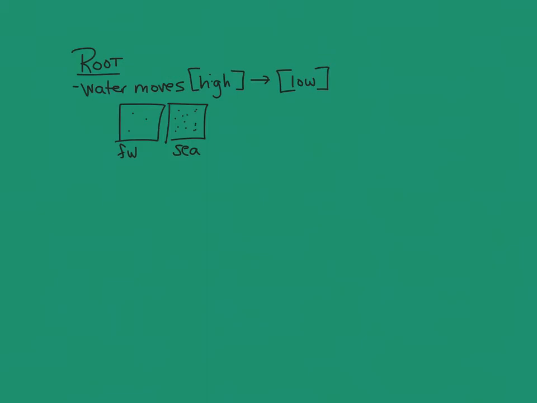That means the fresh water has a higher concentration of water, and the seawater has a lower concentration. Naturally, through cell membranes, because water can transfer across cell membranes, the water is going to migrate over to there. Water does that naturally. That's the osmosis side of things.